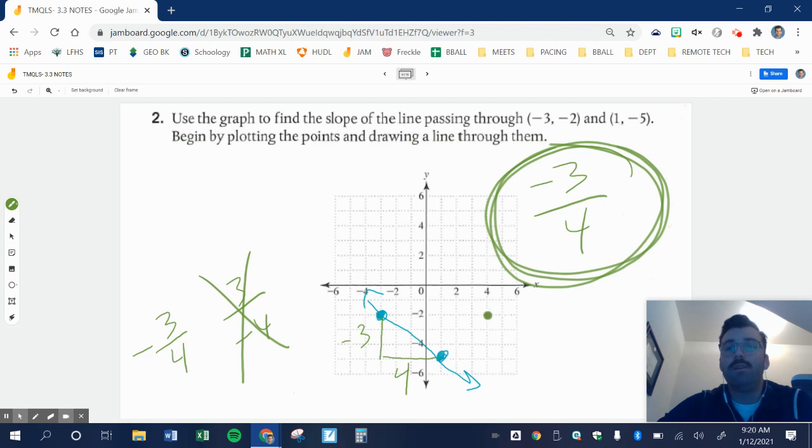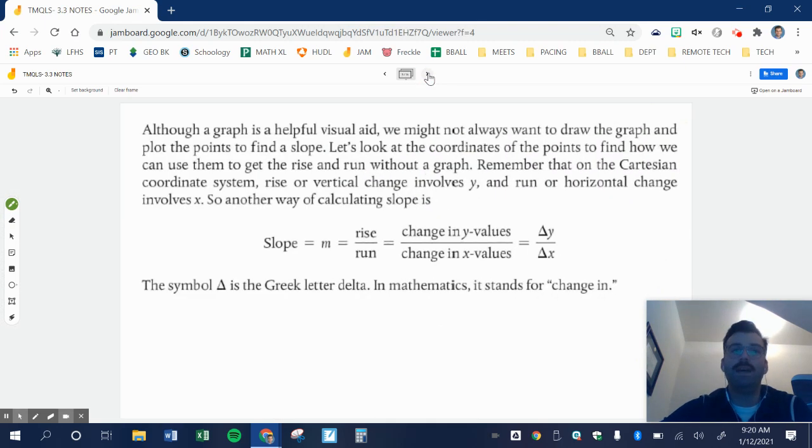If I'm plotting points, I always go up or down and then to the right, unless I'm going backwards, doing the opposite of what I would usually do. I don't like to say the word always, but more times than not, we're going to go right. So a graph is a helpful visual aid. We can also just use 2 points to calculate the slope as rise over run, my change in y values over my change in x.